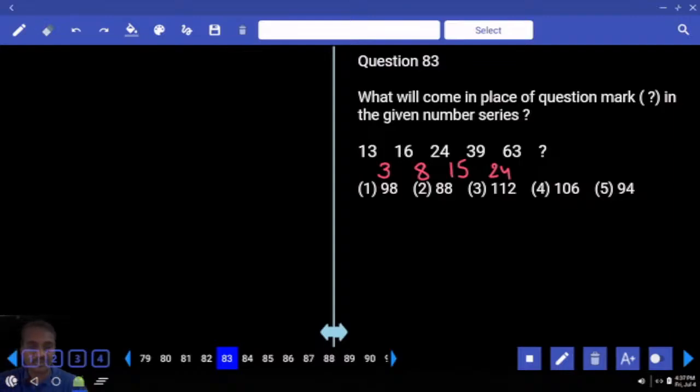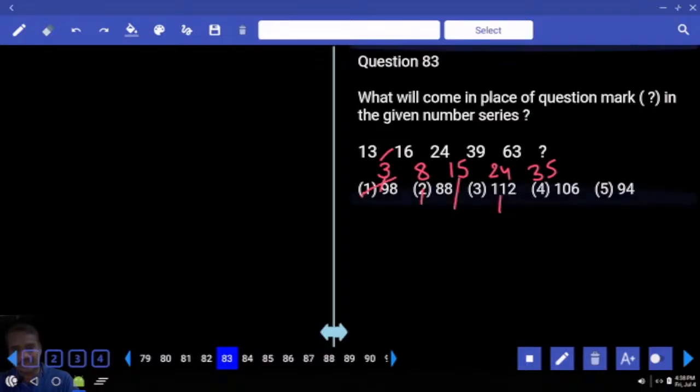N square minus 1. Now 3 can be written as 2 square minus 1, 3 square minus 1, 4 square minus 1, 5 square minus 1, then 6 square minus 1. How much? 35. Now the difference of differences also gives the answer, but it takes some more time. Then now 63. What is the number we have?